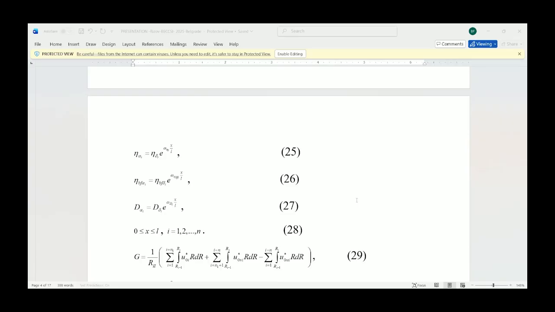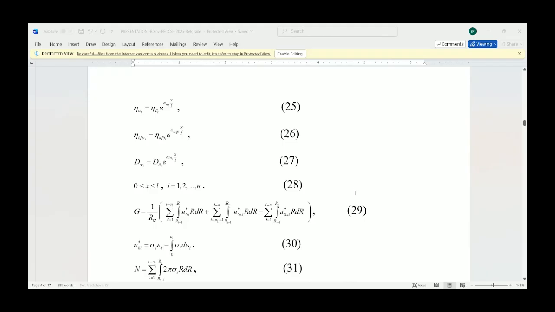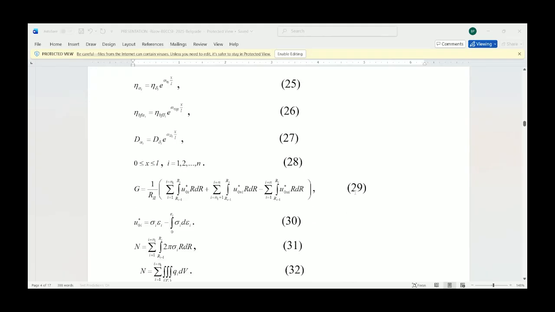The specific complementary strain energy in the cross section of the layer in the internal arm of the crack is given in equation number 30.